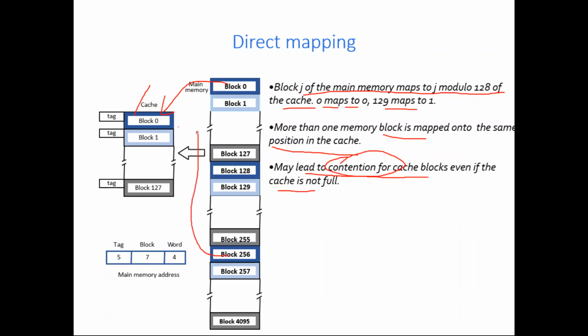Block 128 of main memory also will compete for block 0 of cache. That problem is called contention.